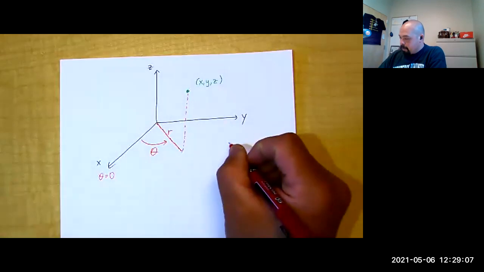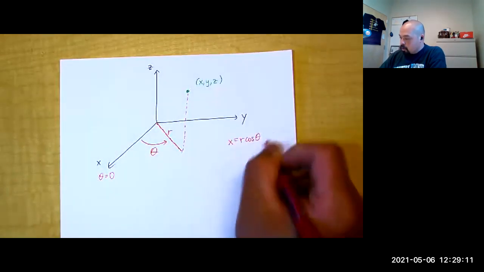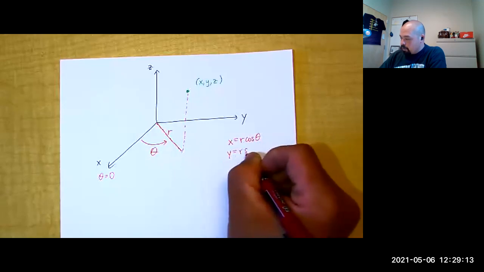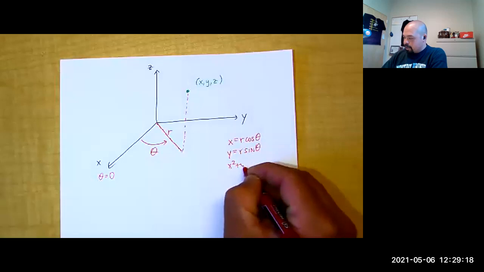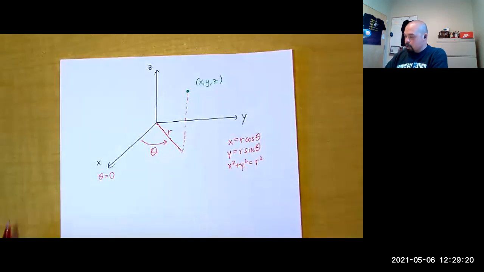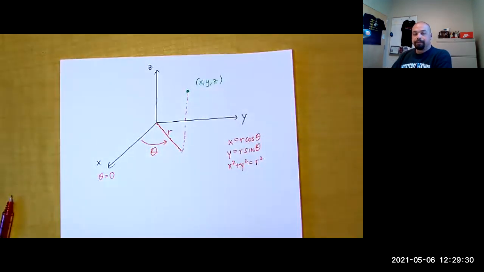And we had that x was equal to r cosine theta, y was equal to r sine theta, x squared plus y squared was r squared. Those relations we talked about, and how to find theta as well. And then we kept z the same with cylindrical.